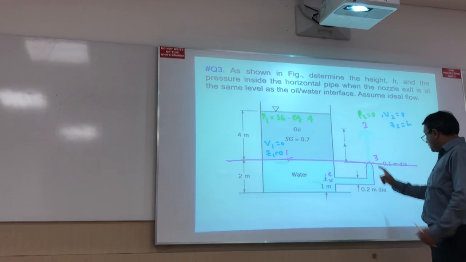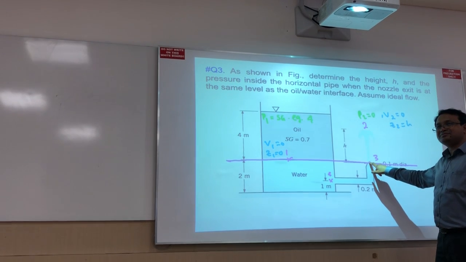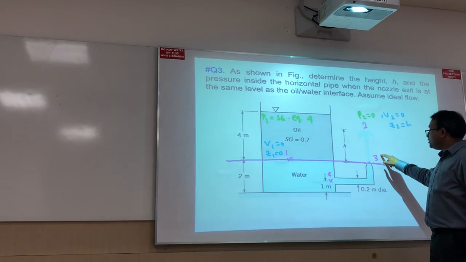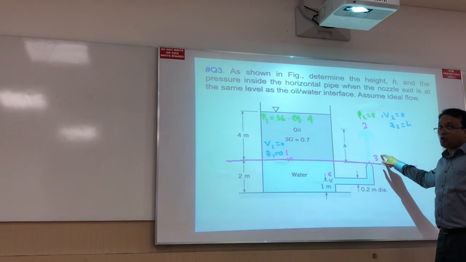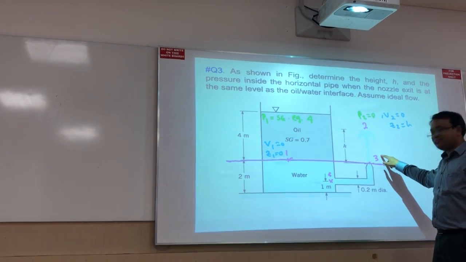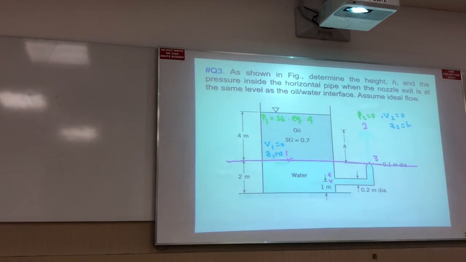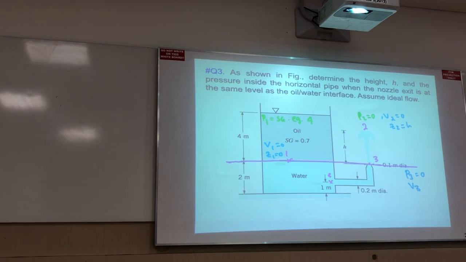So what about 3? P3, 0, right? P3 is 0. V3? No. Z3? 0. Same reference line. So I can write all these. P3, 0. V3, no. Right?